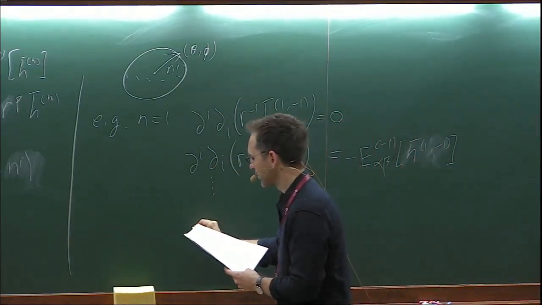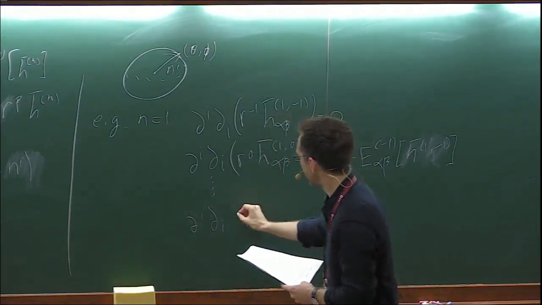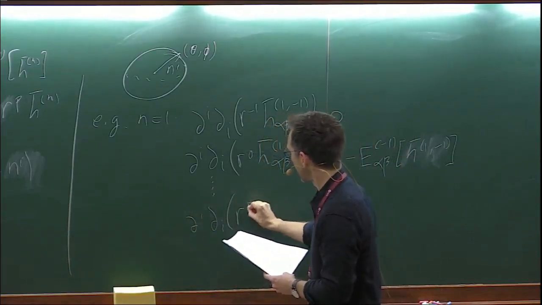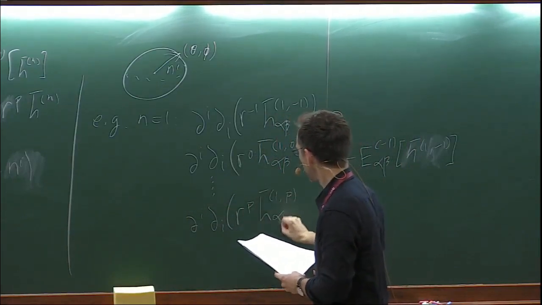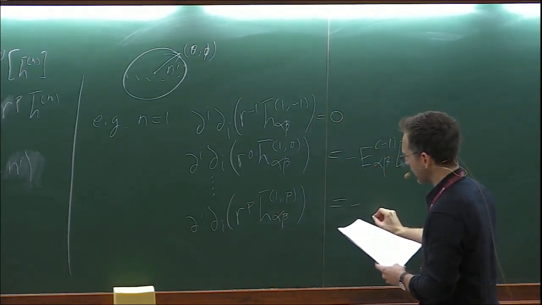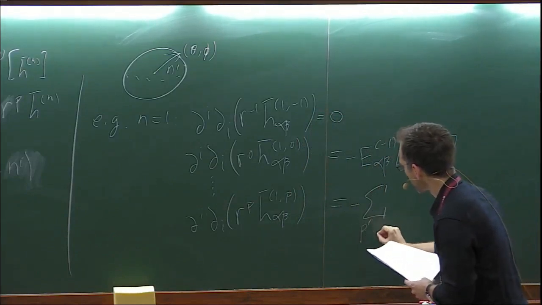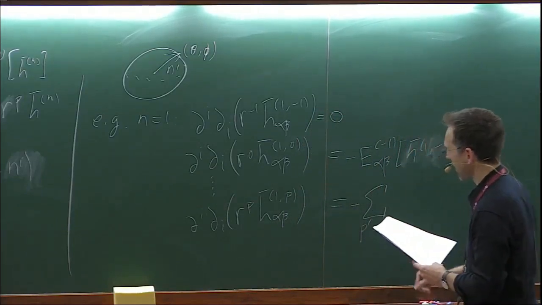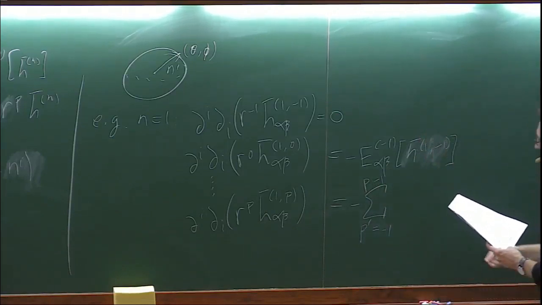So for the general pth order, you have flat space Laplacian acting on r to the p h bar 1 p alpha beta. On the right-hand side, we have a sum over lower order terms, p prime from minus 1 up to p minus 1, so all the lower order terms.